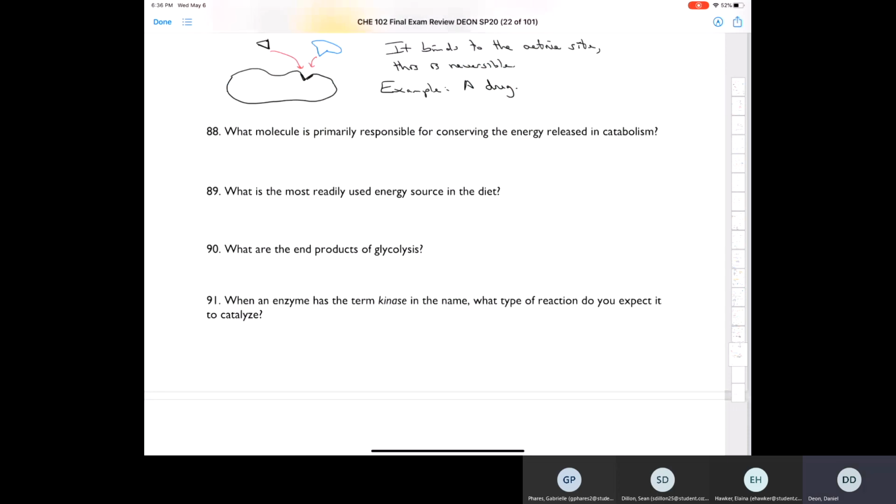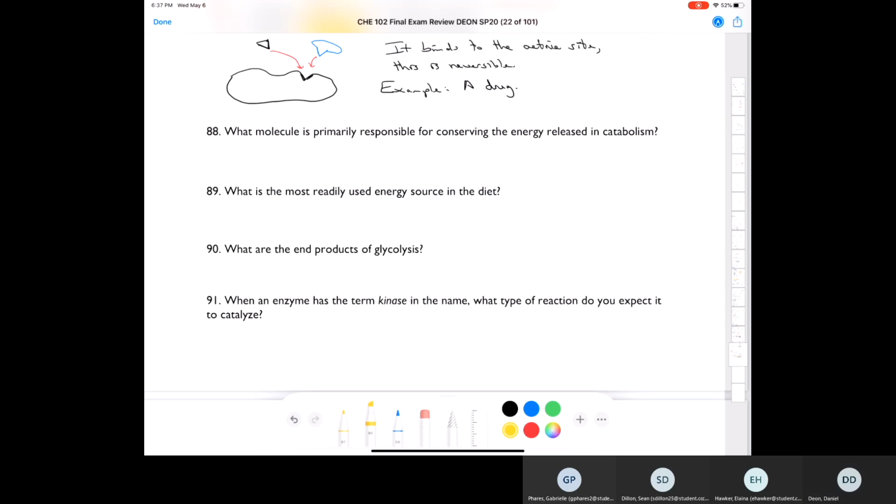What molecule is primarily responsible for conserving the energy released in catabolism? Nothing fancy here. Can anybody tell me what molecule it is while I take a drink of water? It stores our energy in the form of glycogen?